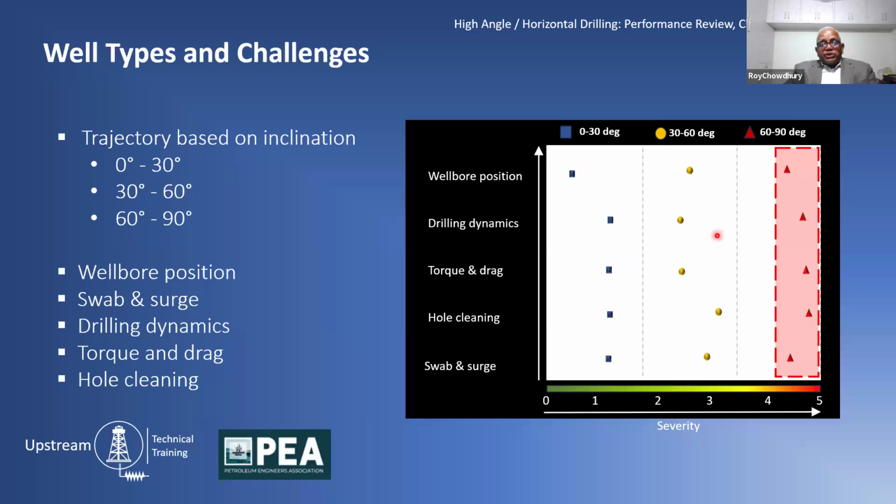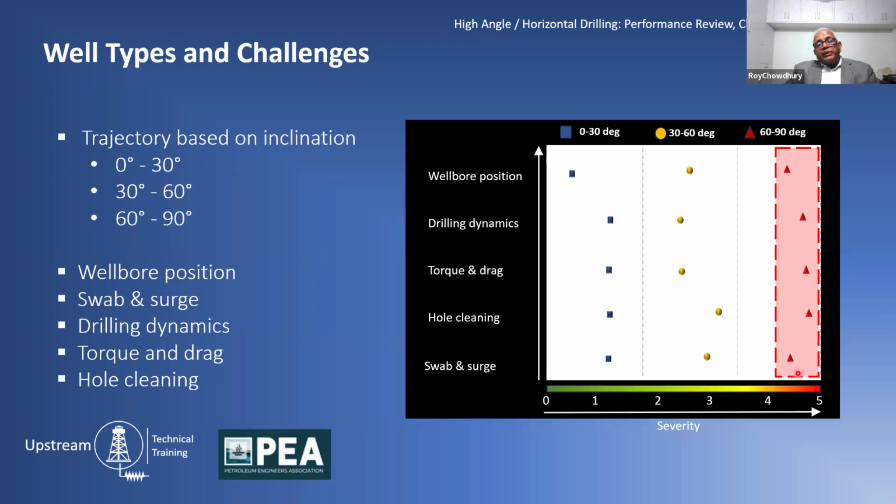Drilling dynamics issues emerge in horizontal or high angle wells. Torque and drag obviously is a major issue. If I have to rank these issues, then hole cleaning, and torque and drag, are the biggest challenges that you have on a horizontal or a high angle well.